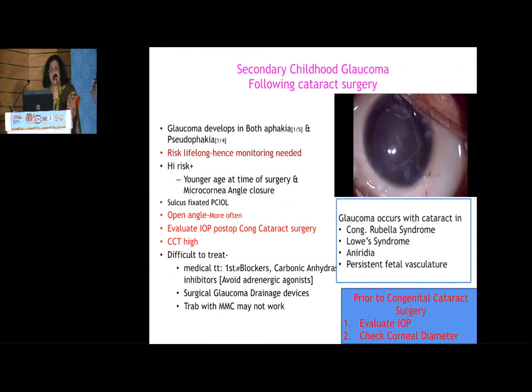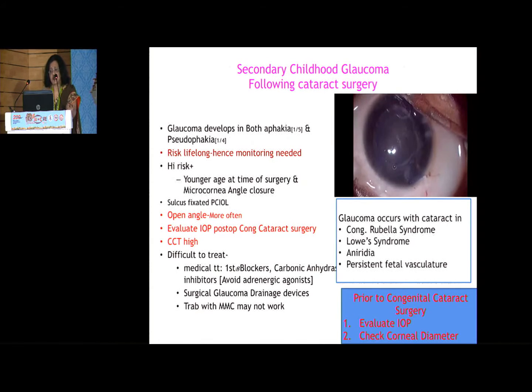We need to tell any cataract surgeon who is doing a congenital cataract surgery to get the IOP checked, get the corneal diameter taken at the time of surgery, and maybe following surgery also look at the disc, because that is the time that you can comfortably do it when the child is under anesthesia. These patients can be treated with medication, and if not controlled, by surgical glaucoma drainage devices, or the trab in these patients may not work.